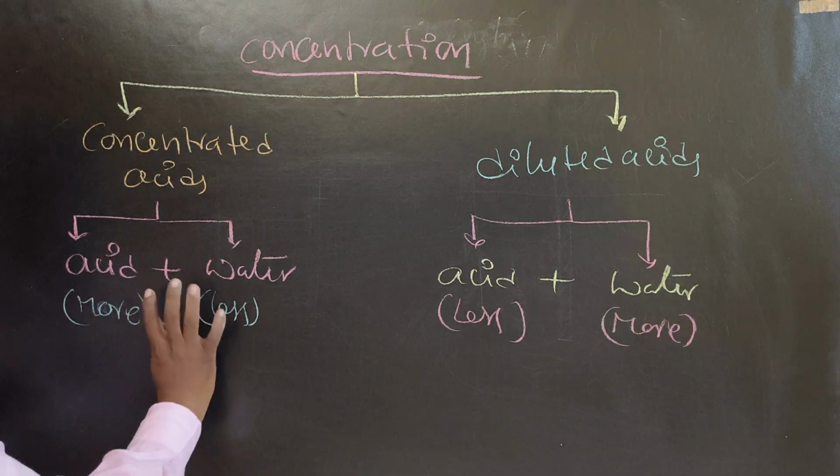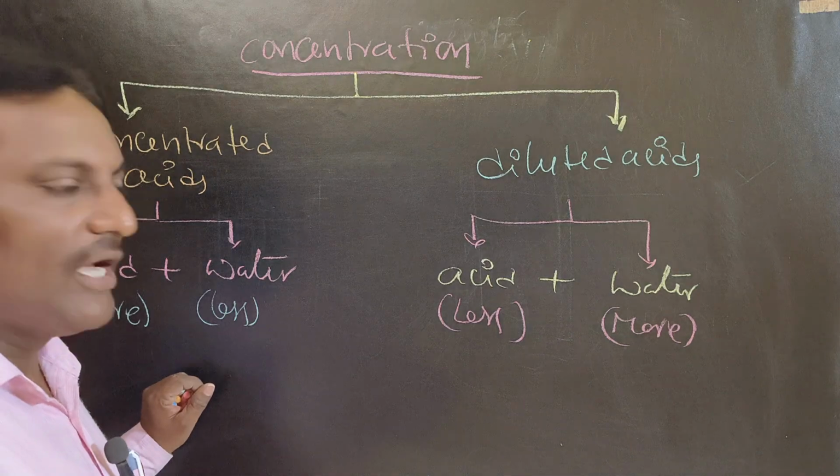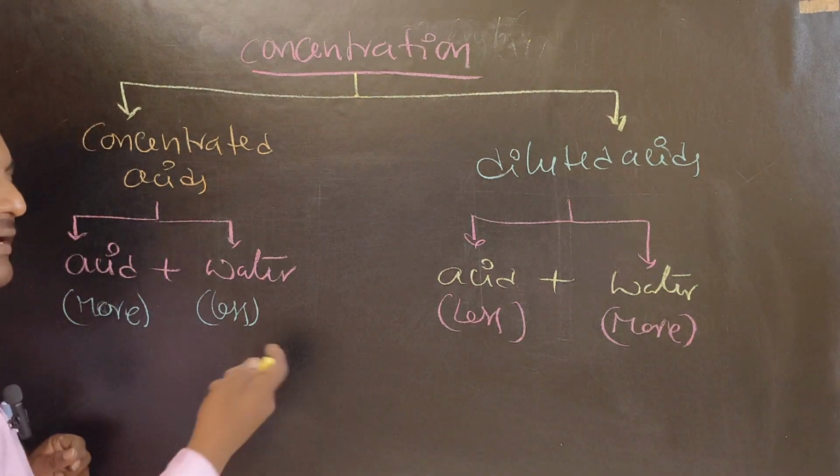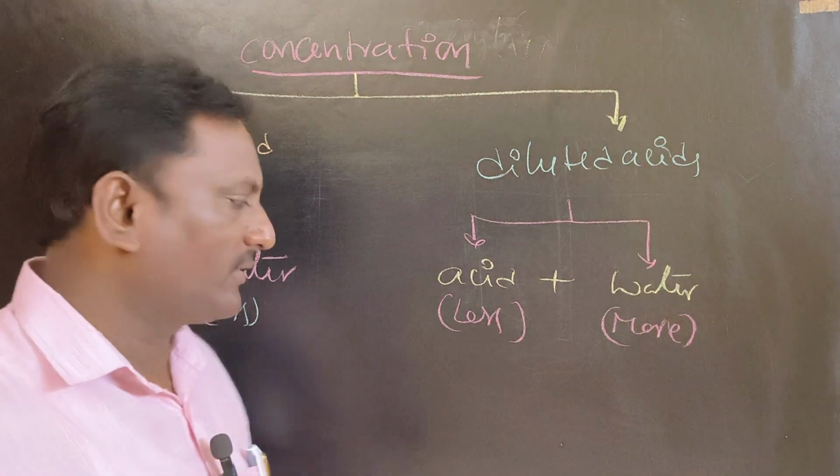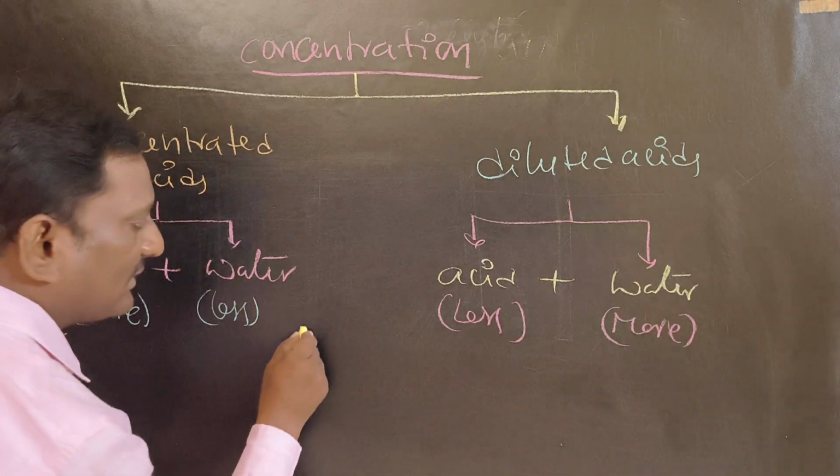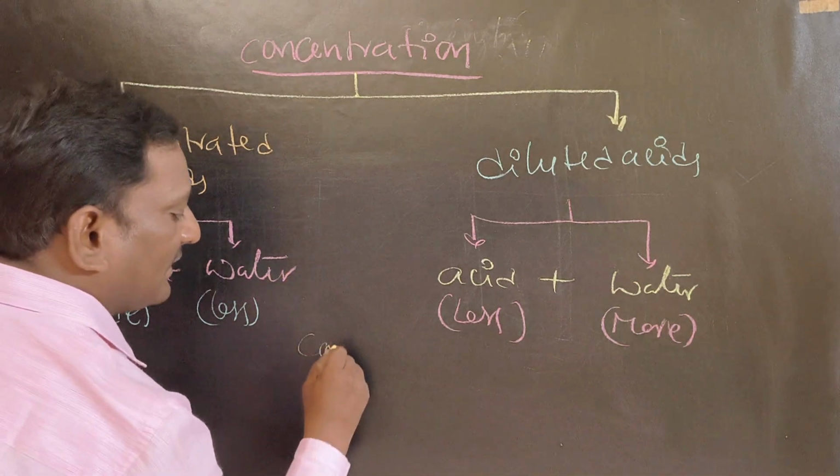So concentrated acids are converted into diluted acids by adding acid to water. Listen to me, very important.